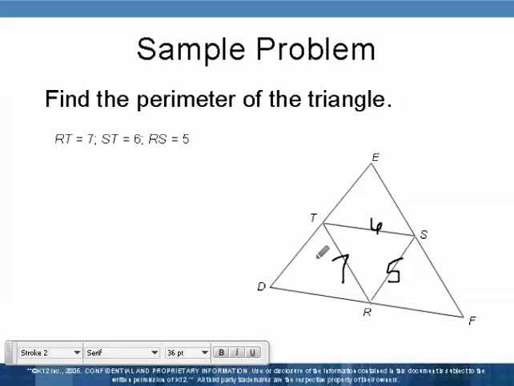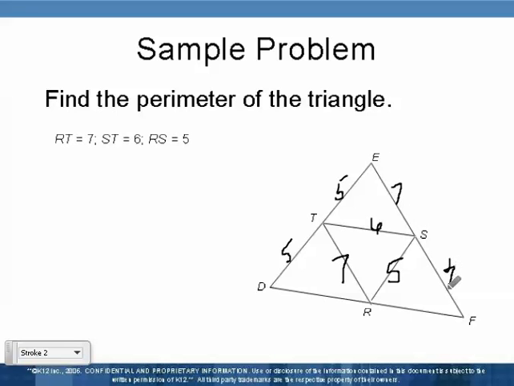Well, if RS is 5, that means that DT is 5. And it also means that TE is 5. And let's see here. What would ES be equal to? ES is going to be equal to that 7. And so is SF. And then RF is going to be equal to 6. And DR is going to be equal to 6.